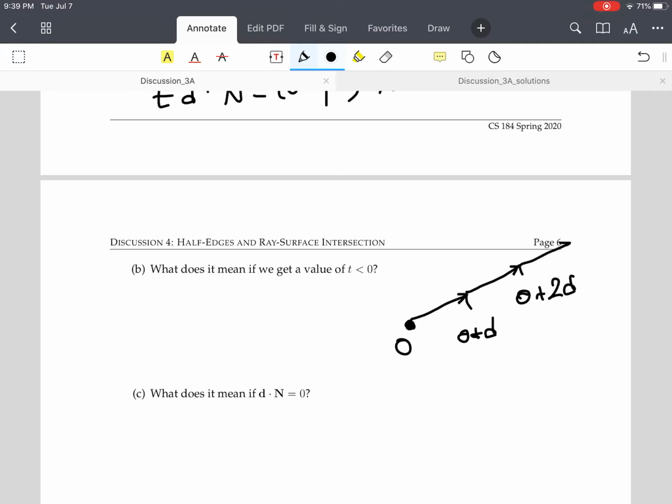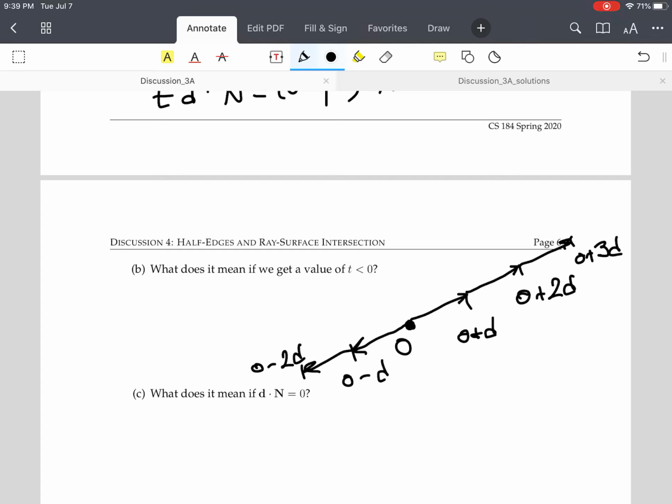We could go a little more, and that's O plus 3D, right? Every time step we move by D more. So what if T was less than 0? Then it would be O minus D, or O minus 2D, or O minus 3D. And where would that be? That would be here, right? This is O minus D, or you could go further, O minus 2D.